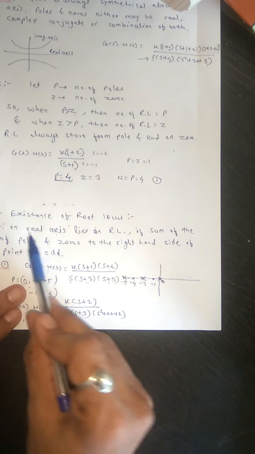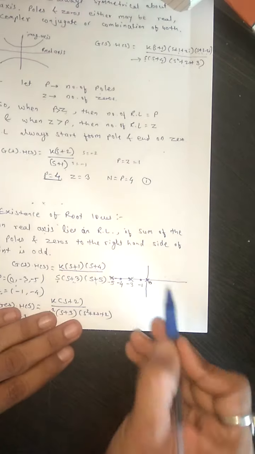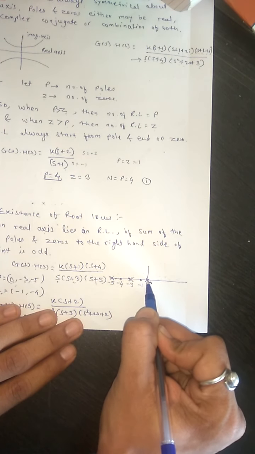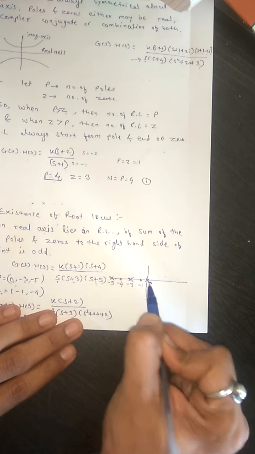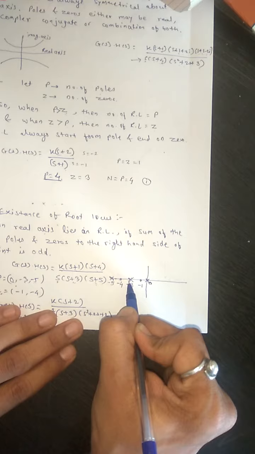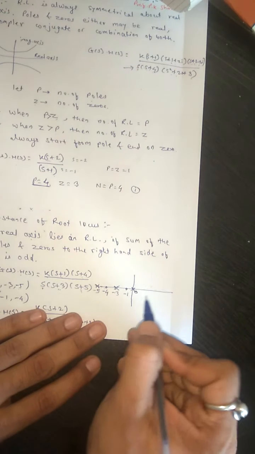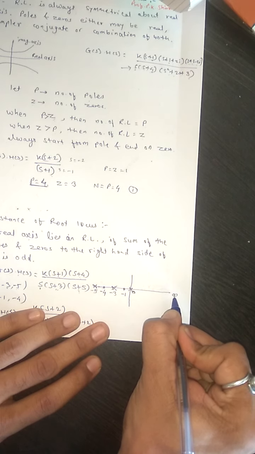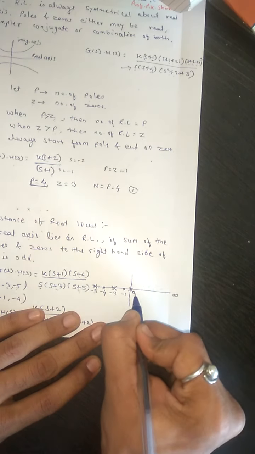Now existence of root locus means we need to check the root locus region, whether between 0 and minus 1 there is a root locus or not. Then minus 1 to minus 3, in this region can we place a root locus? Your regions will start from infinity, this is the positive region, so infinity to 0.